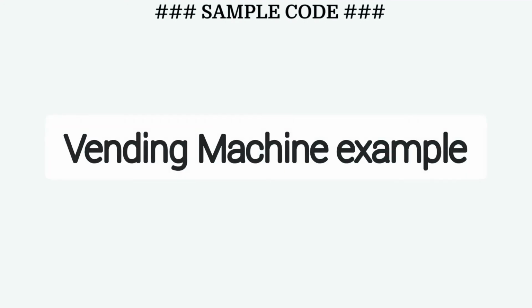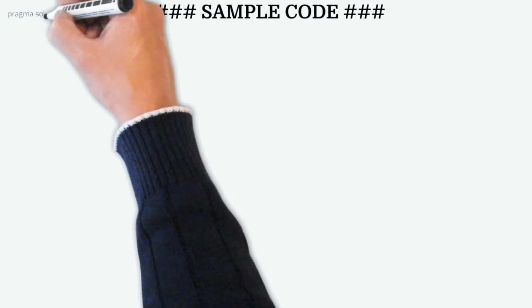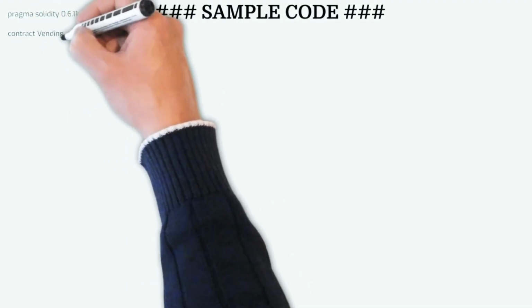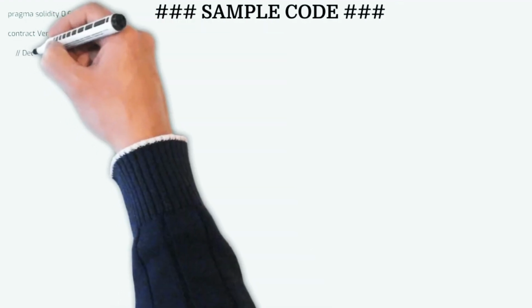Since Solidity is the most famous user friendly language on Ethereum, let's look at a sample contract with respect to the vending machine example that we saw. So here you can see a sample program with Solidity, and we'll see a contract written for a vending machine.